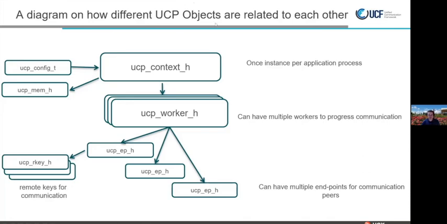We might register a memory region and then operate on that. Again, we have the workers, multiple workers. And what we've added here is that you see each of these endpoints has potentially multiple rkeys. And this is just indicating that you might have data transfers to different buffers within an endpoint.